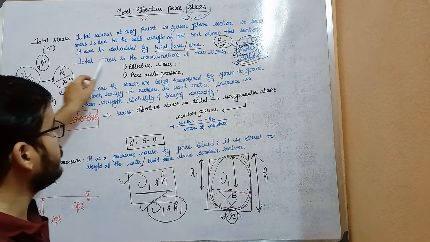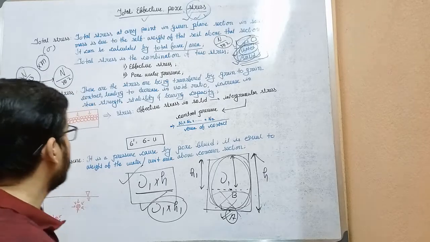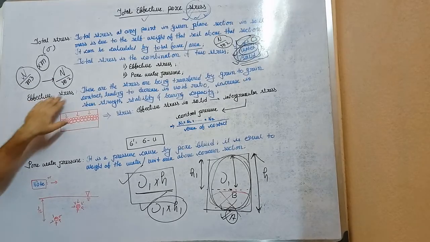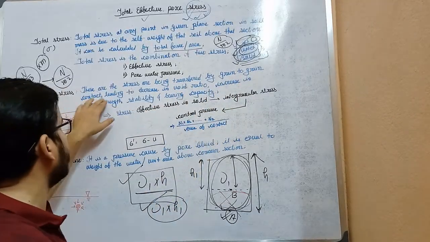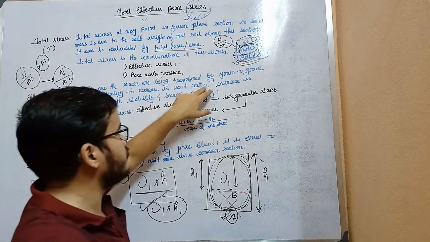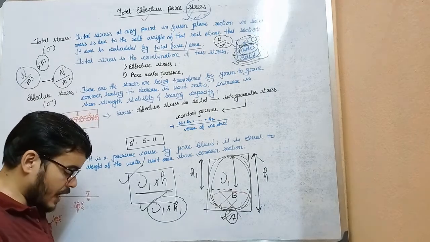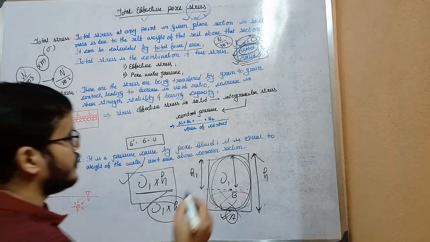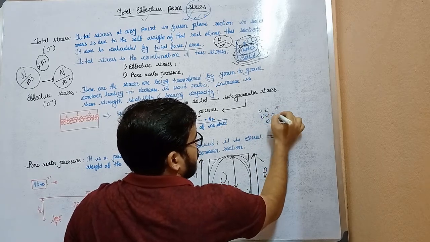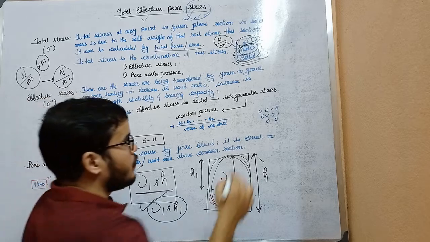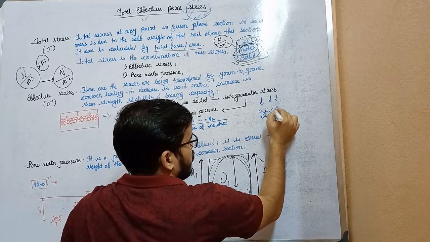Now, total stress is the combination of two stresses, effective stress and pore water pressure. Now go to effective stress. These are the stresses transferred by grain to grain contact, leading to a decrease in the void ratio and an increase in shear strength, stability and bearing capacity. When you apply some load on the soil, as the soil grains have voids, void means free space, the grains will come closer to each other.